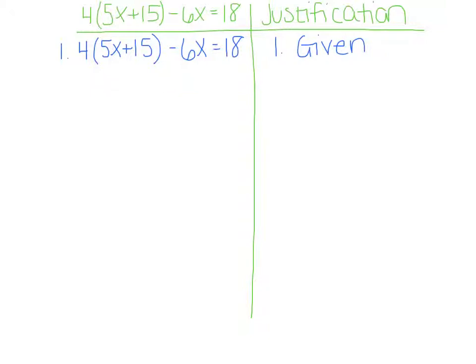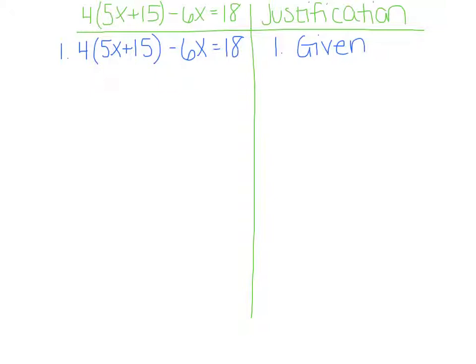Alright, hopefully you're thinking to yourself, what's the next step? And you're going, I see parentheses and I remember DCMI: distribute, combine, move variables over and constants over to either side, and then isolate the variable. Well, that is correct in the sense that I want to do the parentheses first.